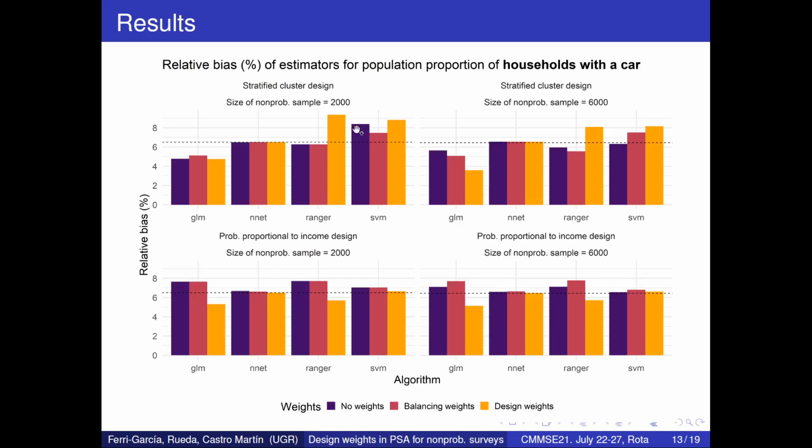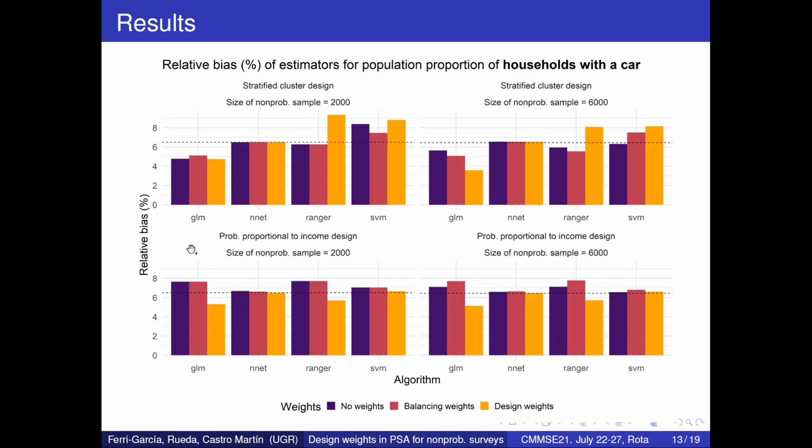We can see that using design weights, which is this yellow bar here, provides little gains or even losses under the stratified cluster sampling design for the probability sample. While in the case where the probability is proportional to the income, the use of design weights improves the relative bias of the estimates for each predictive approach in comparison to the other two approaches, where we use no weights, this is the purple bar, and balancing weights, which is the red bar.